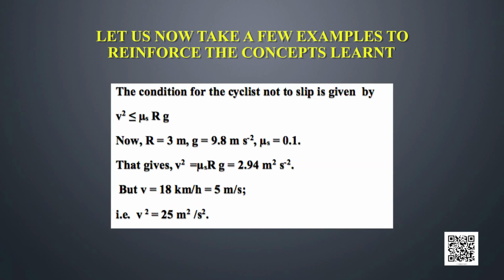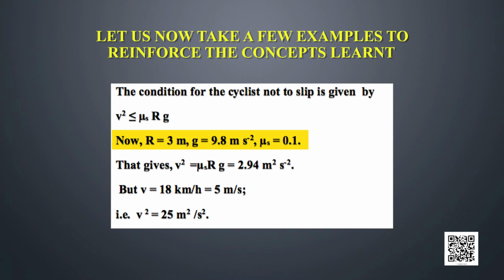Now, the condition for the cyclist not to slip is given by the equation v square, where v denotes the speed of the cyclist, should be less than mu s rg.